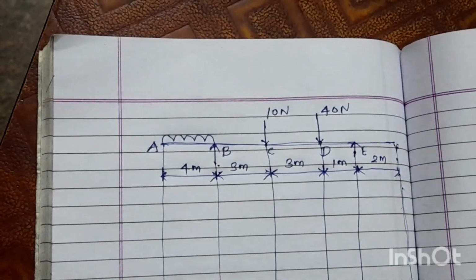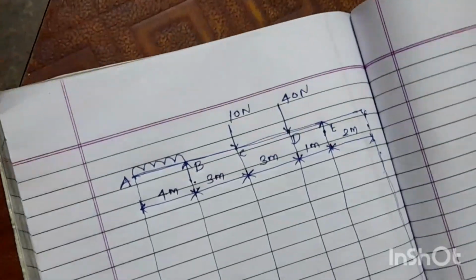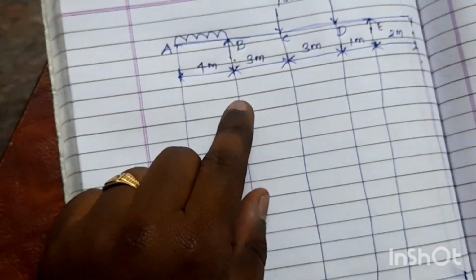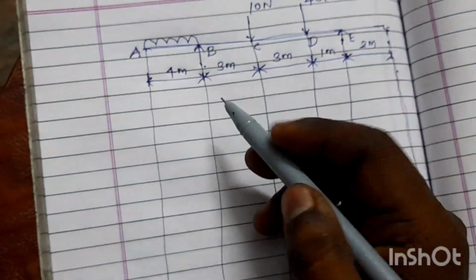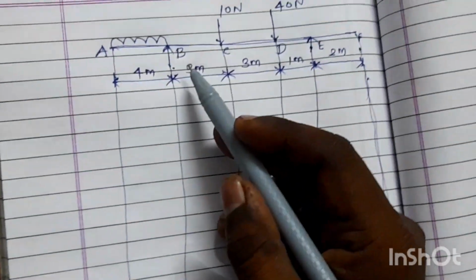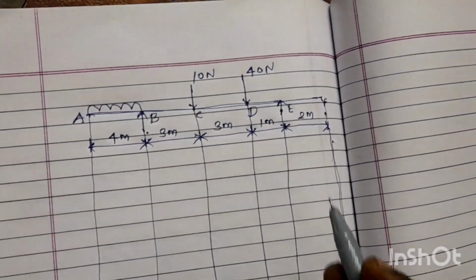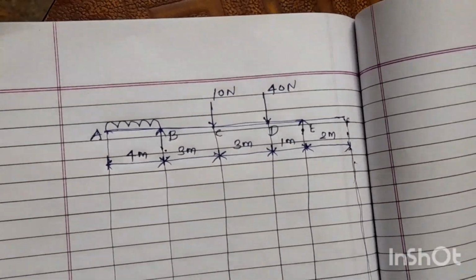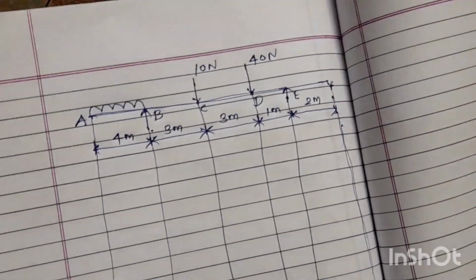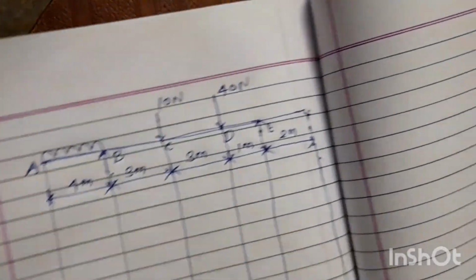We have to solve. First, we will find out the reaction at point B and the reaction at E. By using the statical equilibrium equations, we can find out the unknown reactions.